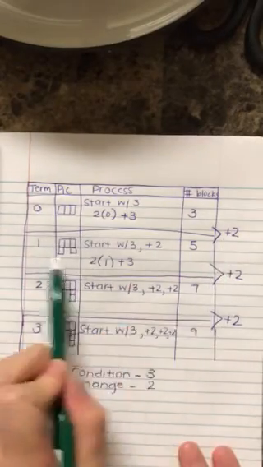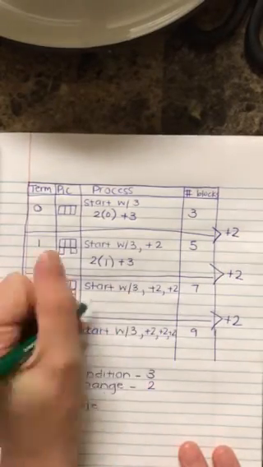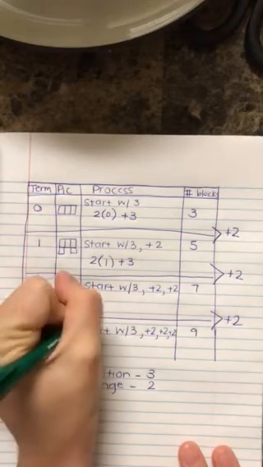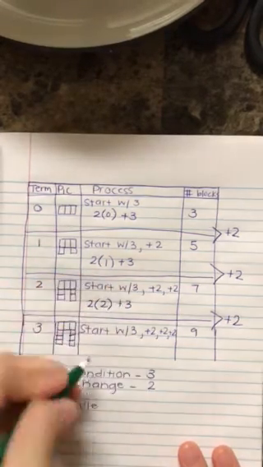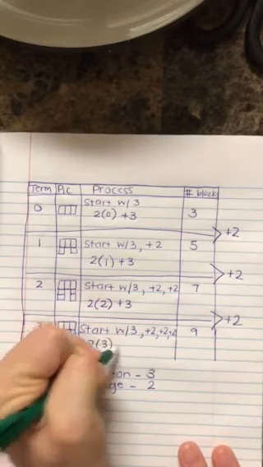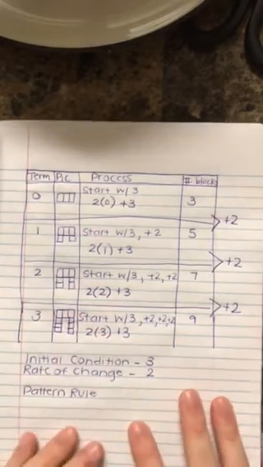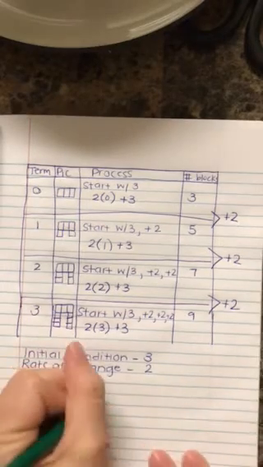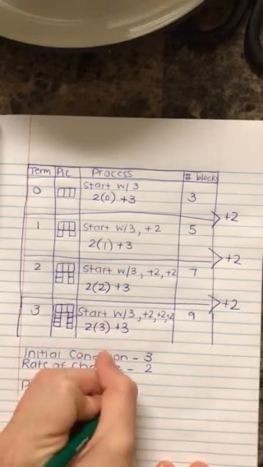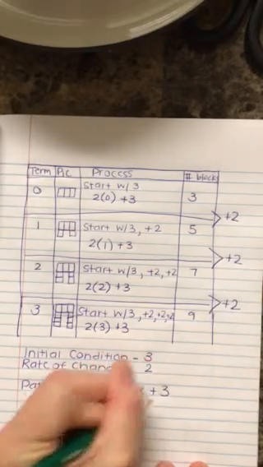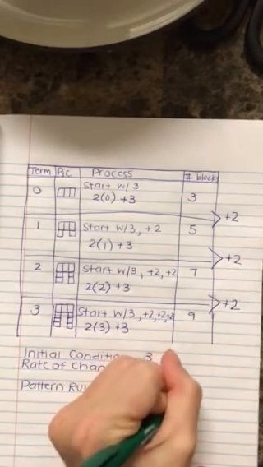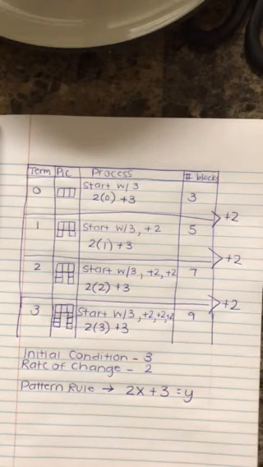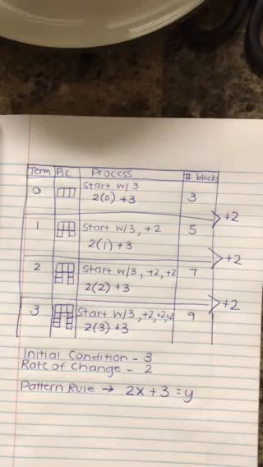So 2 being the rate of change, 1 being the term number, 3 being the constant. Then you have 2 times 2 plus 3. 2 times 3 plus 3, and so forth. So if I wanted you to tell me how many blocks were in the 57th term, you could say 2 times 57 plus 3. So your pattern rule becomes 2 times x plus 3. I'm going to say equals Y or equals the total number of blocks.